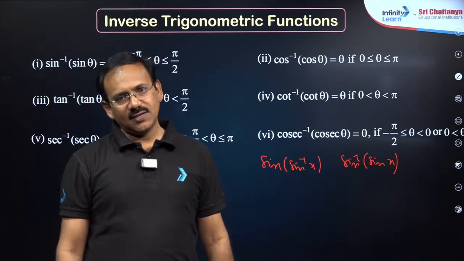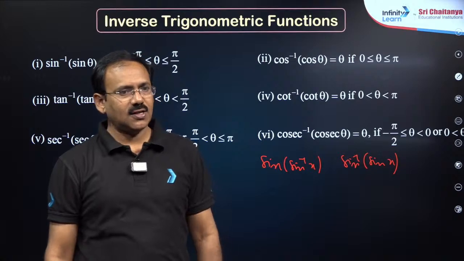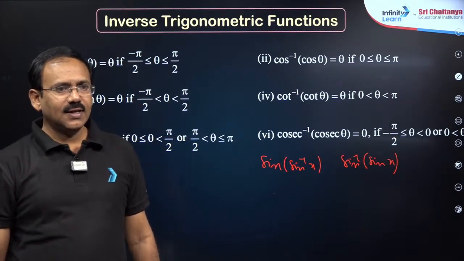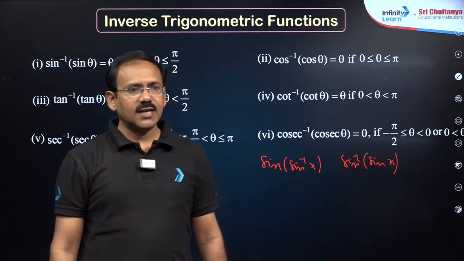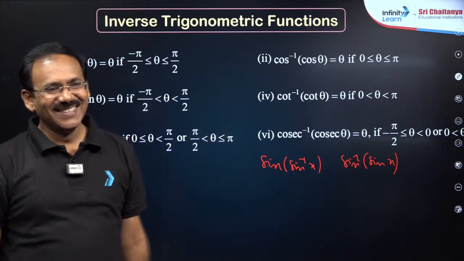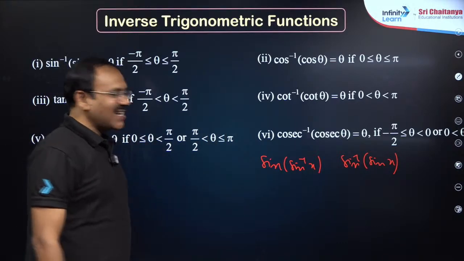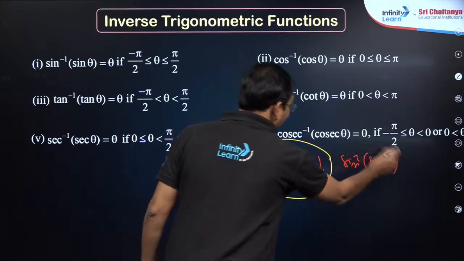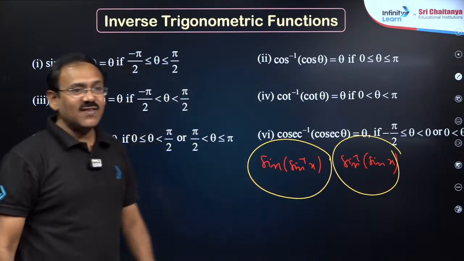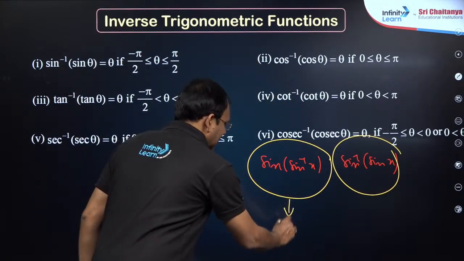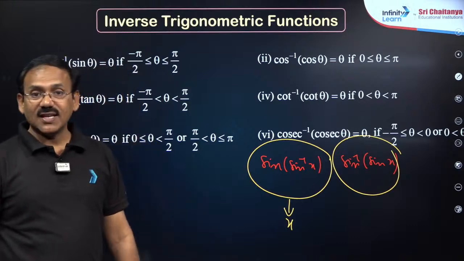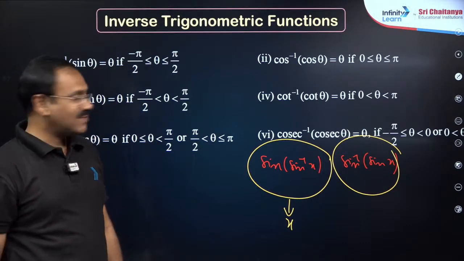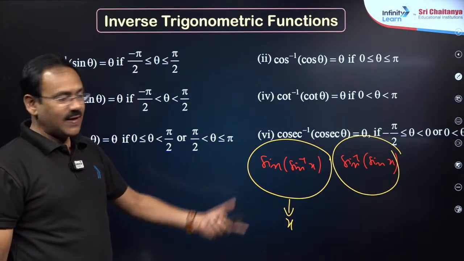Sin inverse x, cos inverse x, tan inverse x, cot inverse x graphs are important. So sin of sin inverse x and sin inverse of sin x are not the same. Sin of sin inverse x is always x, but sin inverse of sin x varies with the x value.